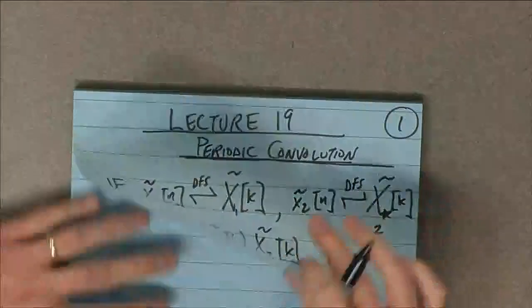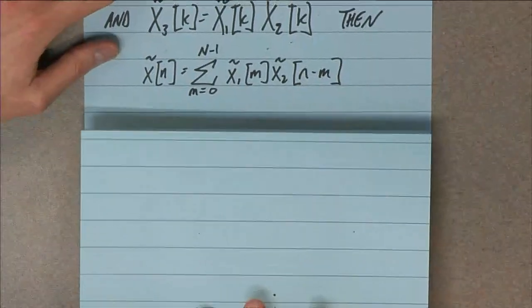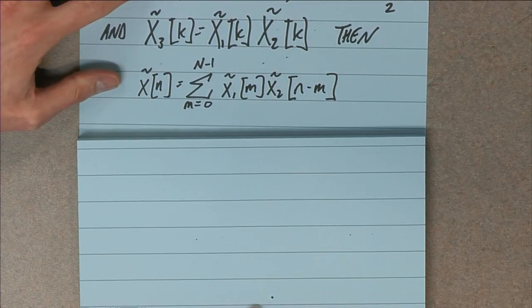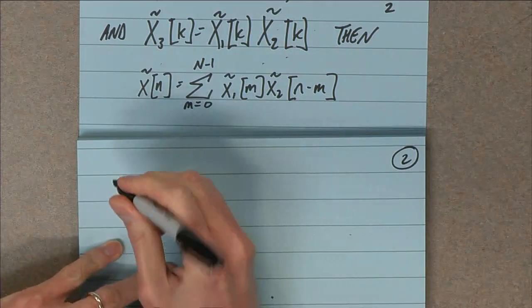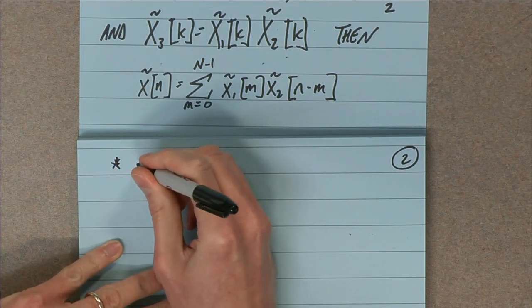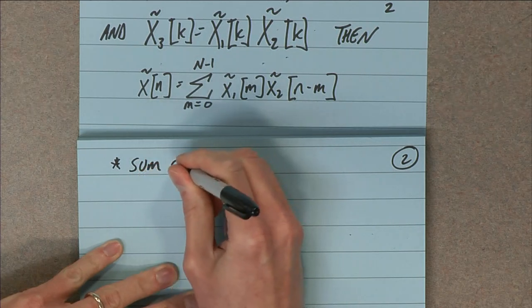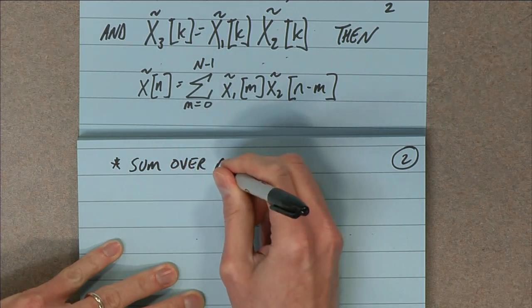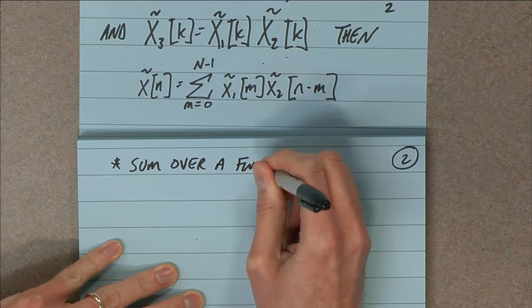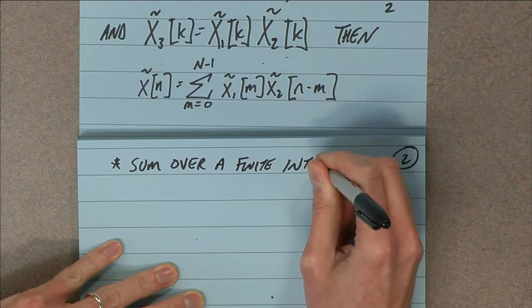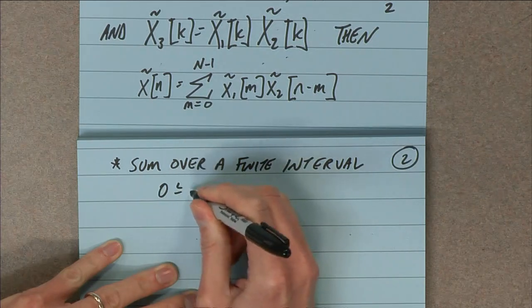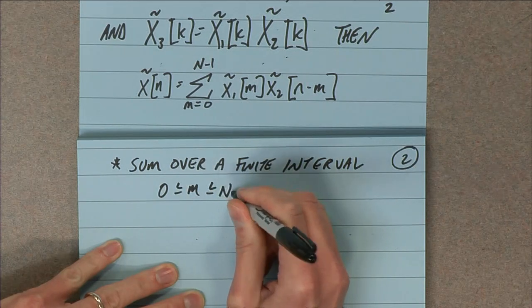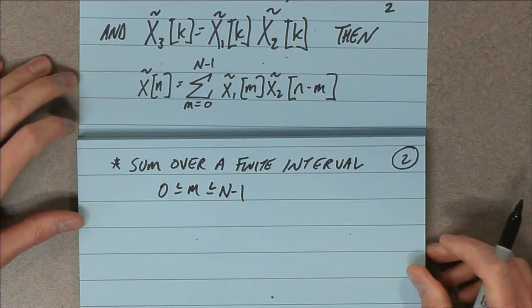So let's try to start unpacking this periodic convolution. First, it's a sum over a finite interval. Why?